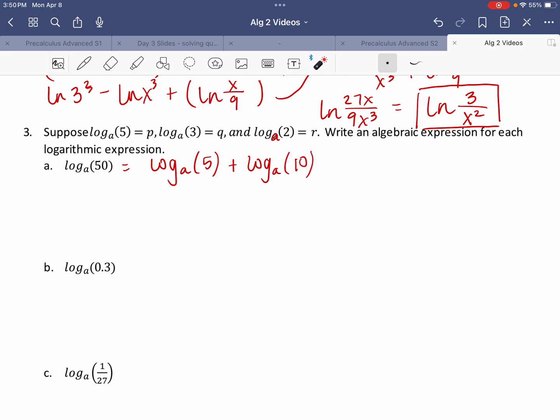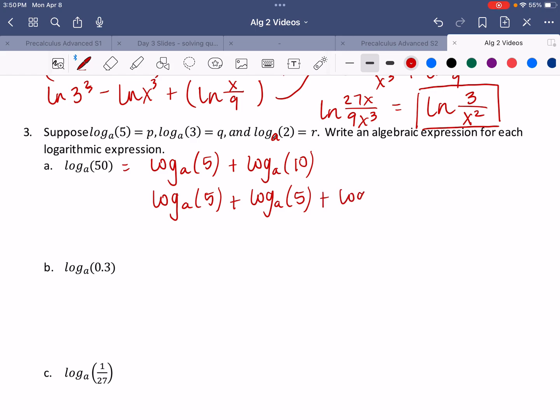So I can now separate this into the log base a of 5 plus another one plus a log base a of 2, since 5 times 5 times 2 is 50. Now that I have this expanded, I can replace it with the variables it gave me.